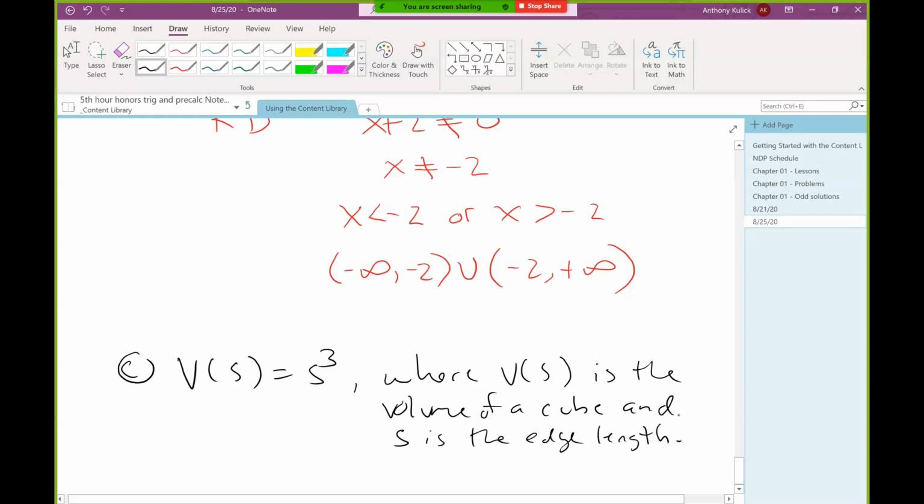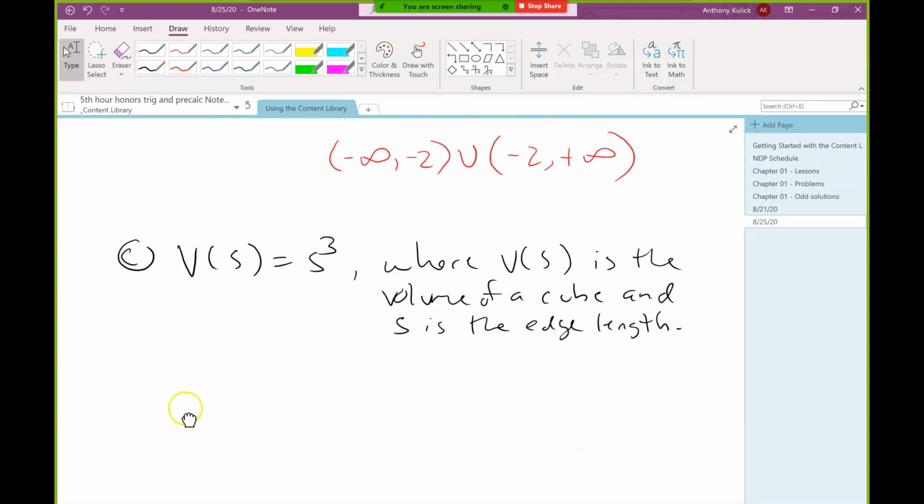Okay. Our last example here, we have v of s is equal to s cubed, where v of s is the volume of a cube, and s is the edge length of that cube. In this case, the implied domain is not all real numbers, because we have some context applied here.